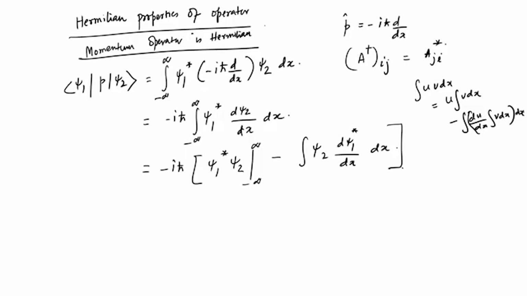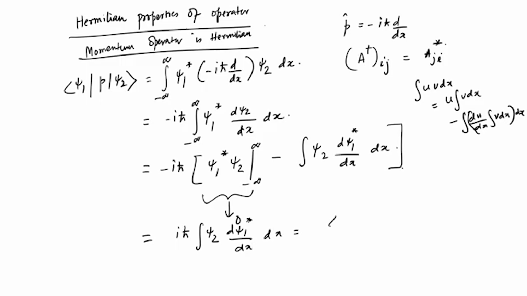That is the form for integration by parts, and the boundary term is equal to 0, because for the finiteness of psi, the product of these two cannot be finite at plus infinity or minus infinity. That takes away this term, and absorbing the negative sign, it is i h cross times the integral of psi 2 d psi 1 star dx dx.